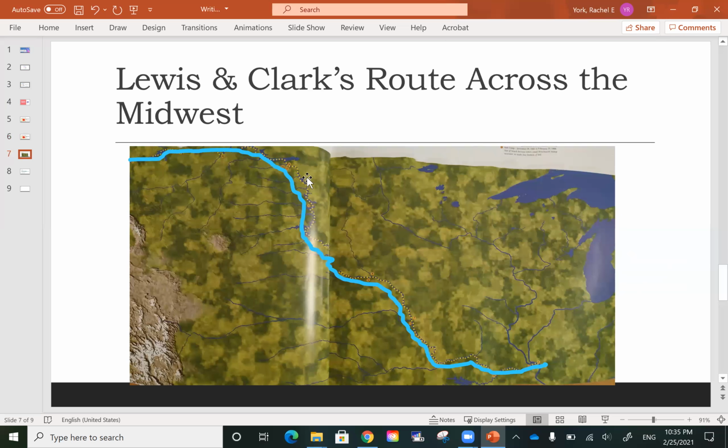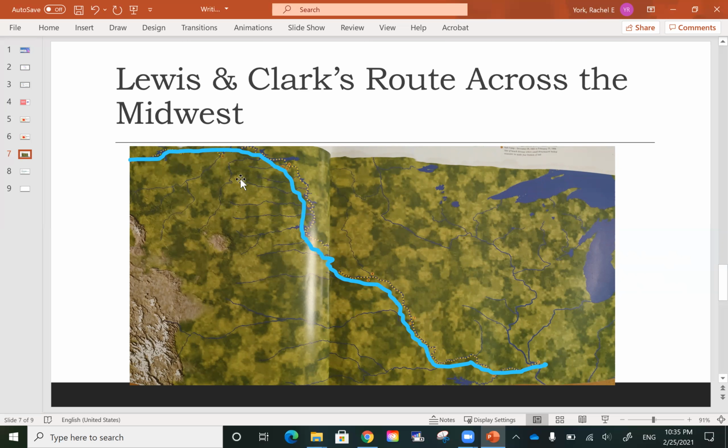And then the Dakotas are somewhere over here, around about, and then it goes on. So this blue line, you could probably see where the route was in the actual book. I just put the blue line on here to make it pop out a little bit more. So it starts right here at the Missouri River, and then he goes up north.